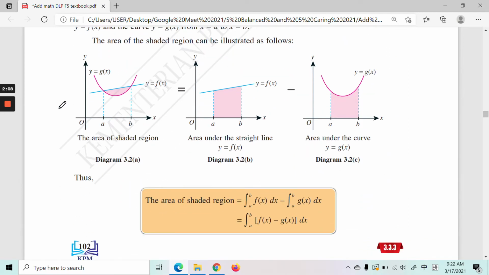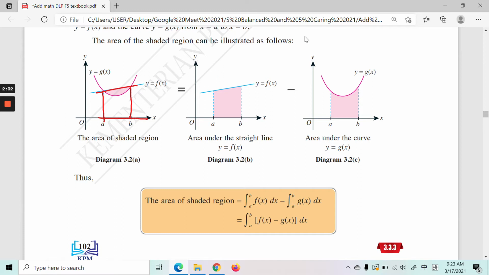Look at one more example. This one is a straight line, this one is a curve. How to find the area of the shaded region? Remember the x-axis is the floor. So who is above? The straight line is above. If I integrate this straight line from a to b with the x-axis, I will obtain this trapezium.